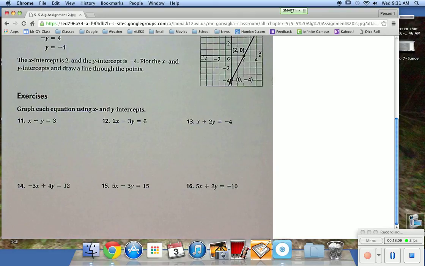And on this one here, do evens also. All right? So you've got 16 problems divided by 2 is? 8. You have 8 problems to do. Evens for assignment 1 and 2.